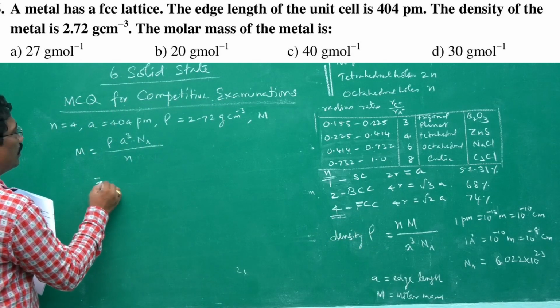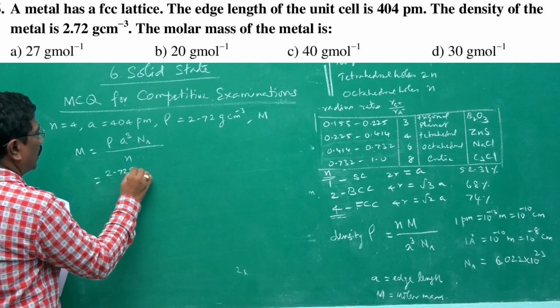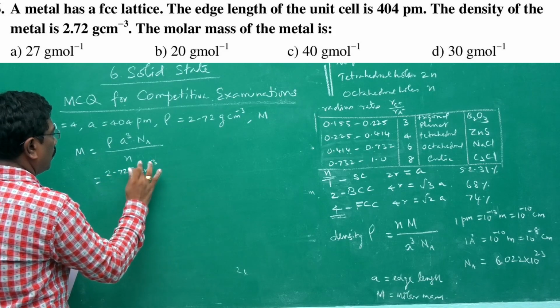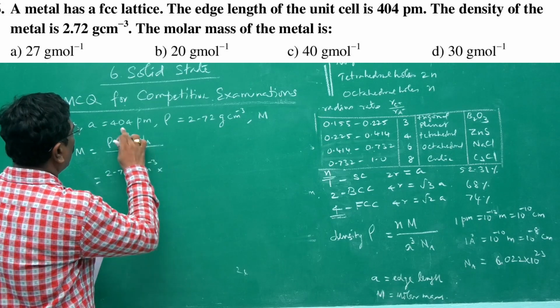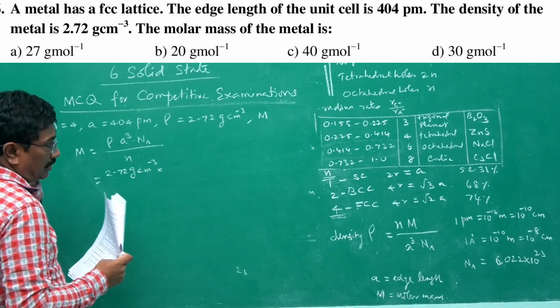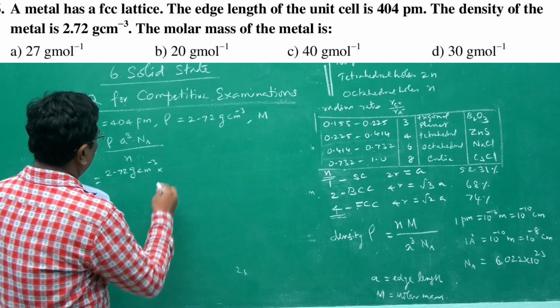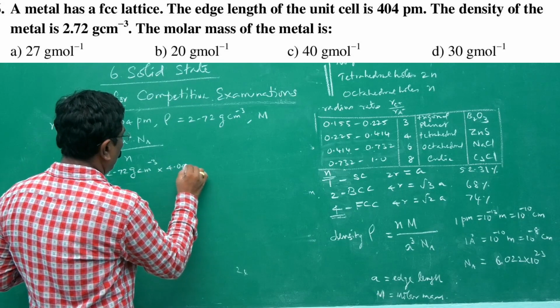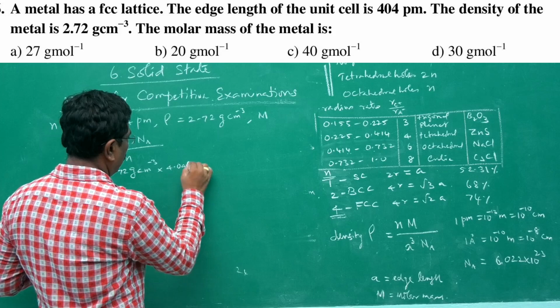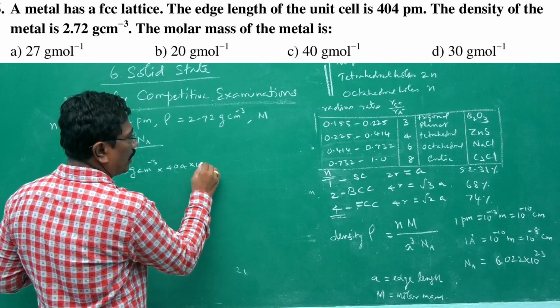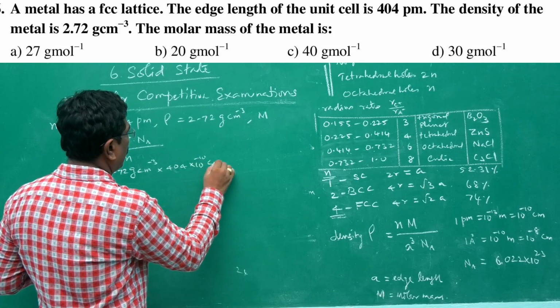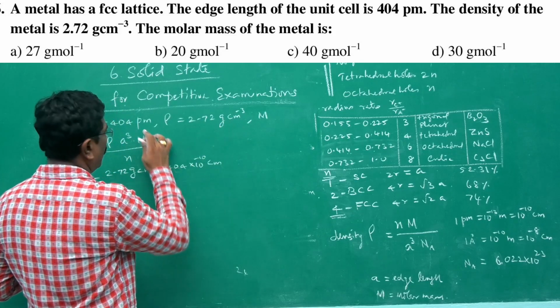So rho is equal to 2.72 gram per centimeter cube. a is 404 picometer, which is equal to 4.04 into, let me write first of all, 404 into 10 power minus 10 centimeter. Because it is in centimeter cube, I am giving in centimeter.